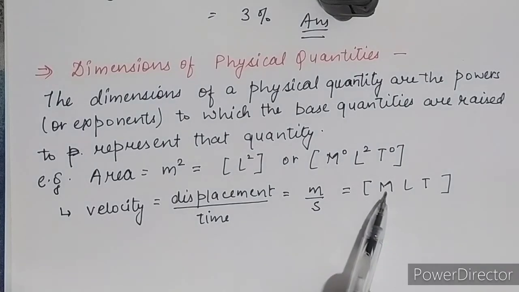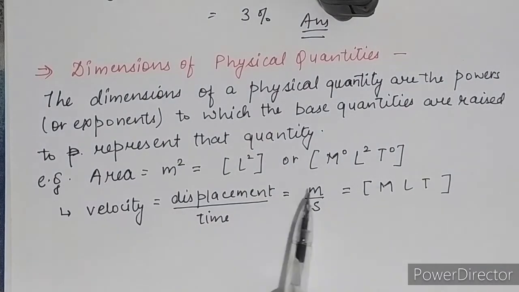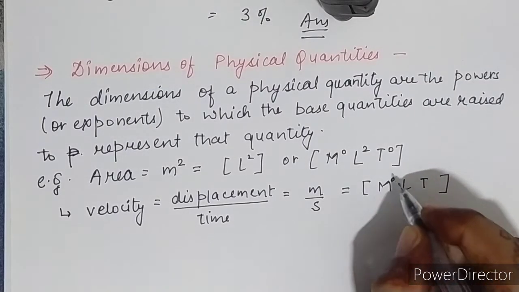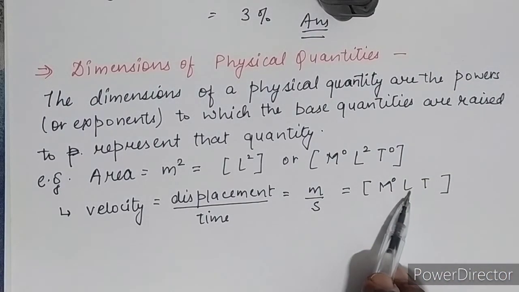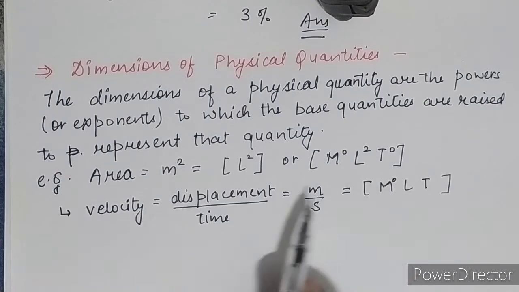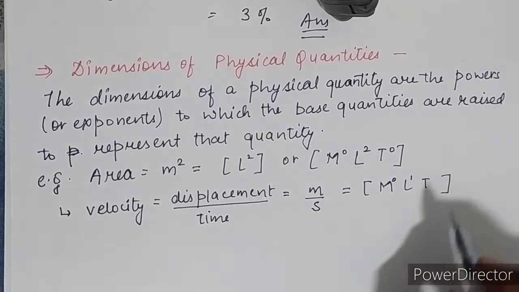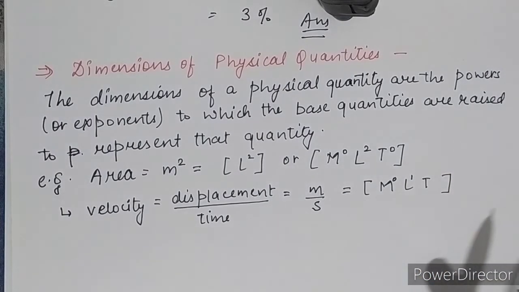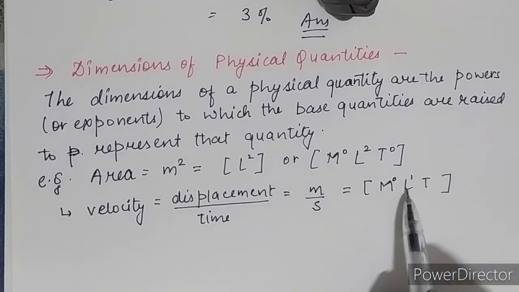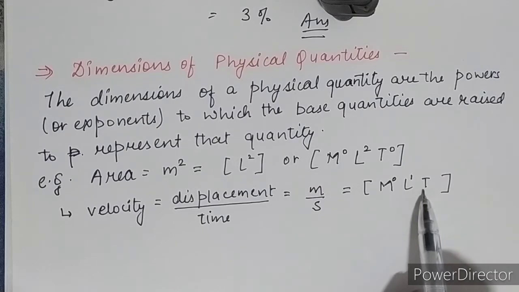M is for the mass. Mass has the unit kilogram. Kilogram is not there in this unit, so it will be 0. L is for the length. Length has the unit meter, and meter is there, so it has the power 1. If we don't write 1, that is also okay. The next one is time.